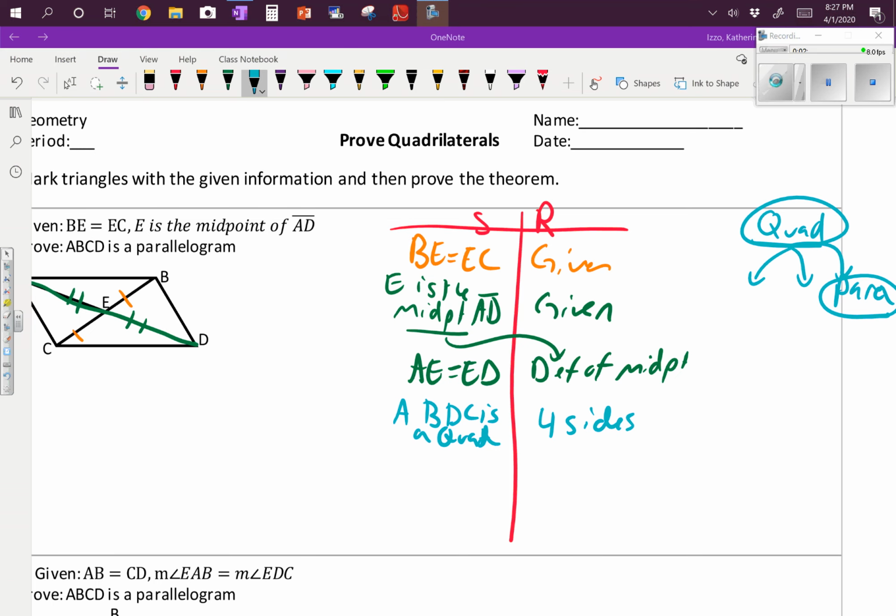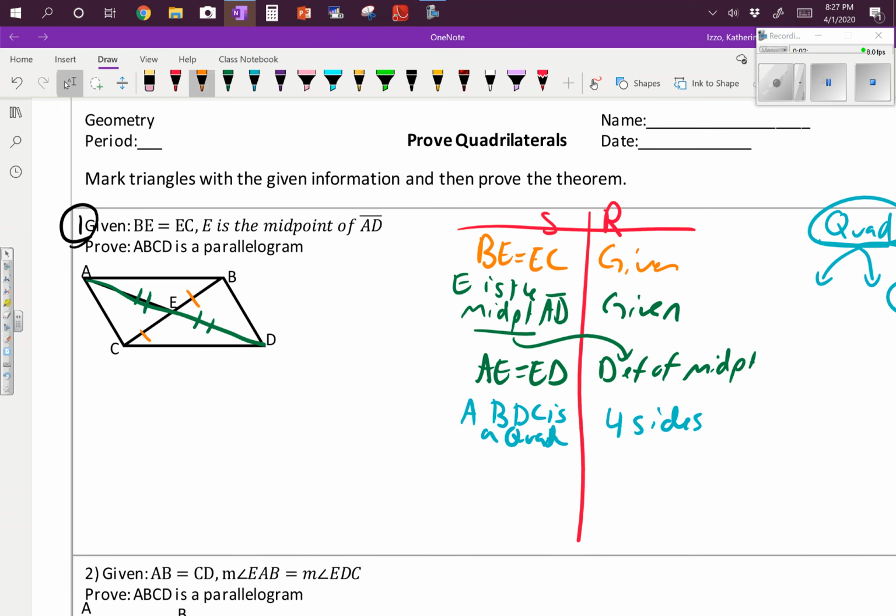Okay, now let's take a look at what we have to prove that it's a parallelogram. Now, if you remember, we've got those 6 different things that prove it's a parallelogram. And your homework was not to do this proof. It was to write out the givens, which you should have gotten, and of course, the definition of midpoint, because come on now.